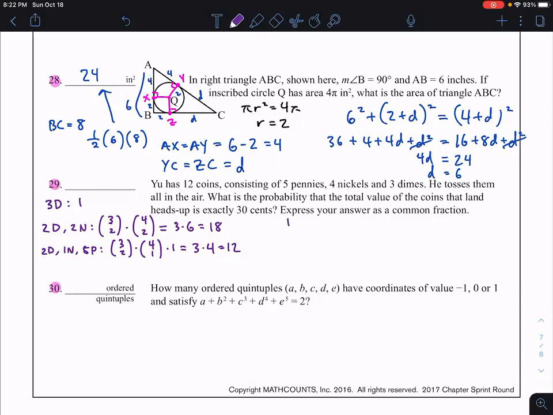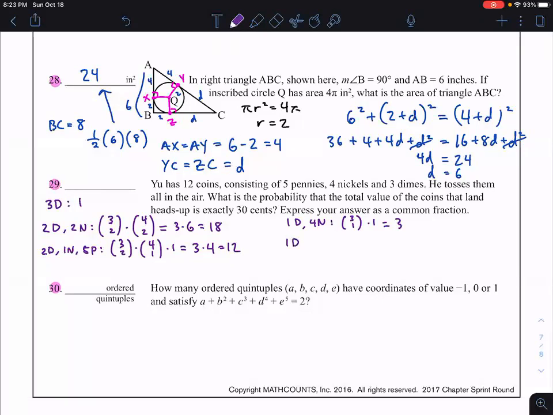Okay, next case, 1 dime is a head and 4 nickels are heads. In this case, you only have to choose which dime is the head, so 3 choose 1, and there are only 4 total nickels. This is equal to 3.